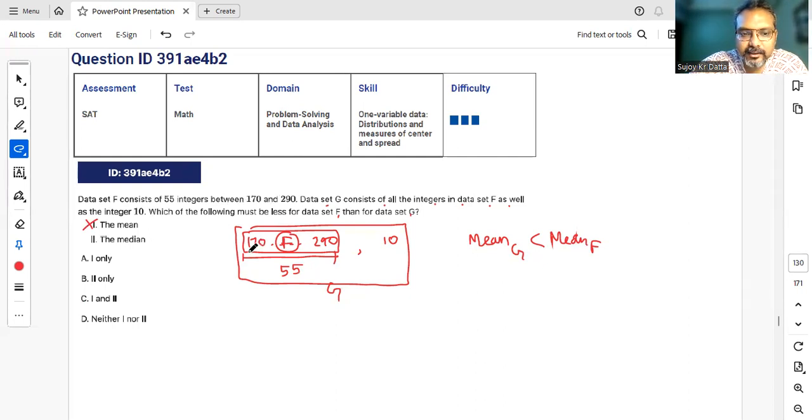It might be that all these integers are the same, for example the 55 integers are all 180s. Then the median will remain 180, and even if you introduce a new 10, that will be in the very beginning of the set, so the median will still remain 180. The median might be equal also, so we can't really say anything about the median. They're saying which of the following must be, so neither one nor two is. So that is option D.